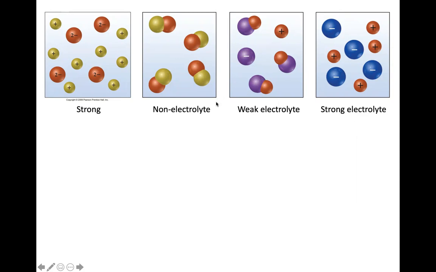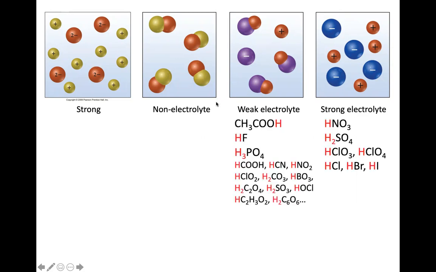If I take this now and I think about those different acids, examples of strong electrolytes, I listed the strong acids right there. Those would be examples of strong electrolytes. When I add those, they're going to dissociate and they're going to give me ions. For the weak electrolytes, I've listed that whole group. Those would be ones that when I put them into the water, they're going to give me a combination of ions and molecules.